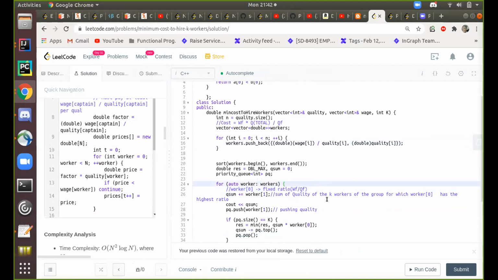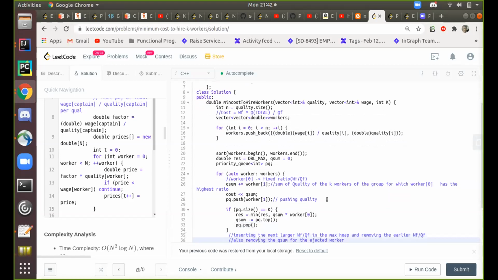And I keep on doing this till my size is equal to k. Right. So I find out the minimum using my previous res and q sum, which I've been computing cumulatively, and this worker of 0.